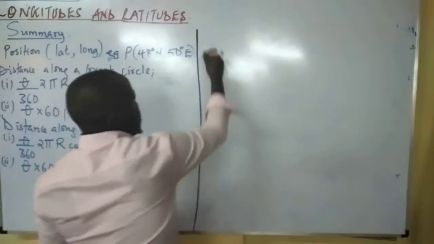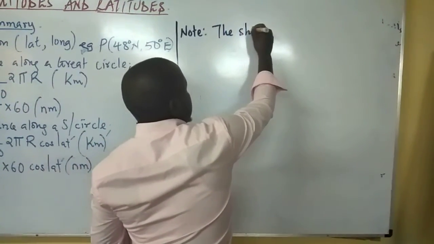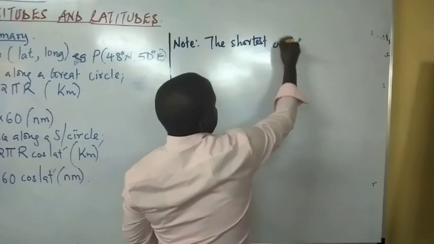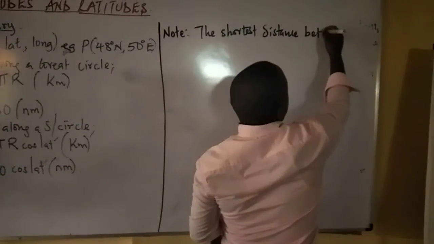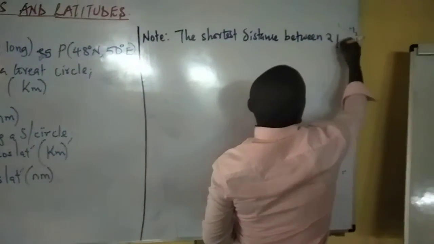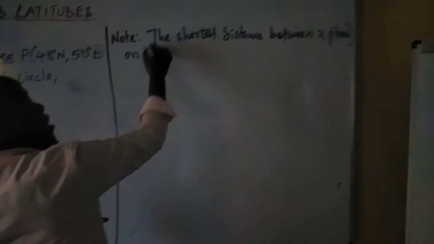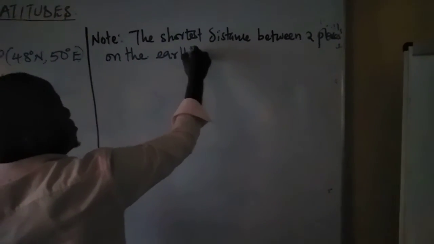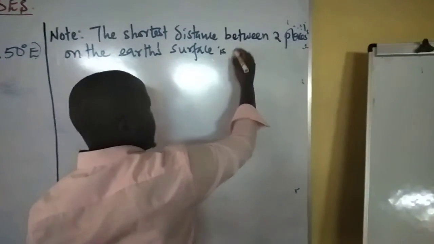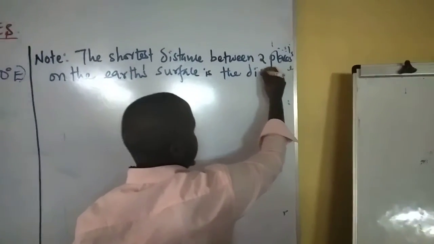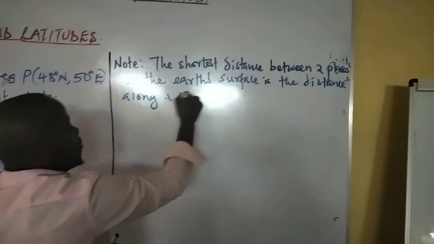We have said that the shortest distance between two places on the Earth's surface is the distance along a great circle.